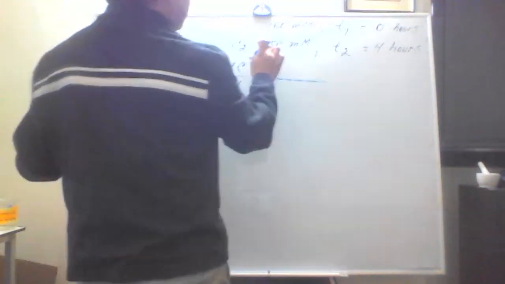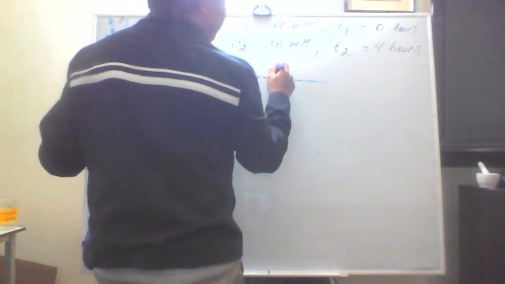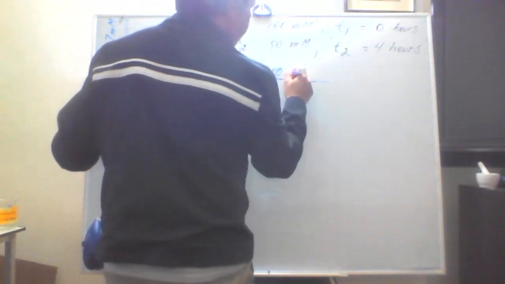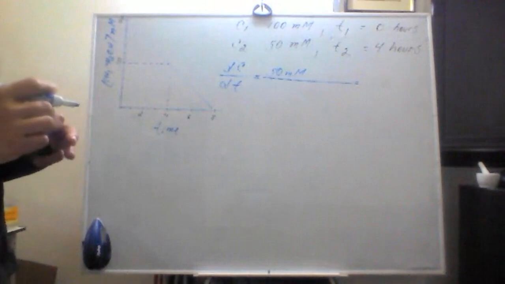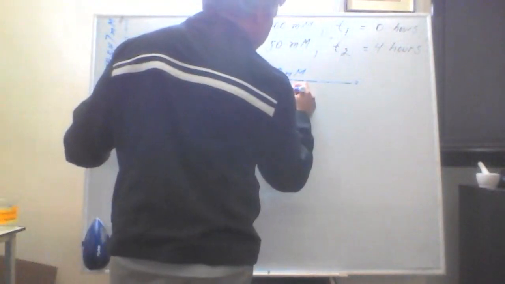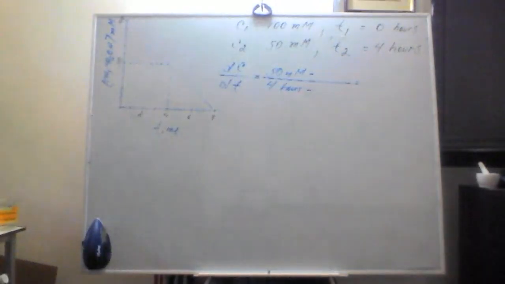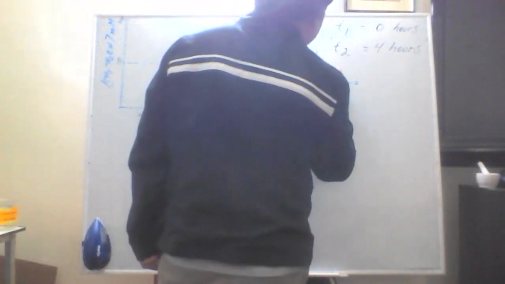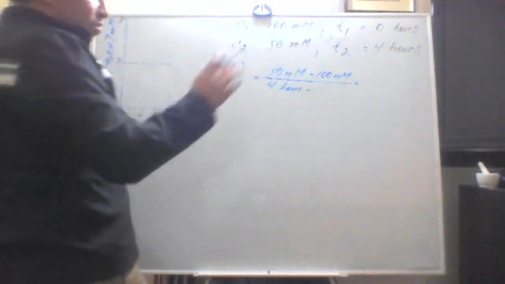So we start with the number 2 data set. So concentration 2 is 50 millimolar. Time 2 is 4 hours. Then we subtract the 1 parameters. Concentration 1 was 100. And the time 1 was 0 hours.